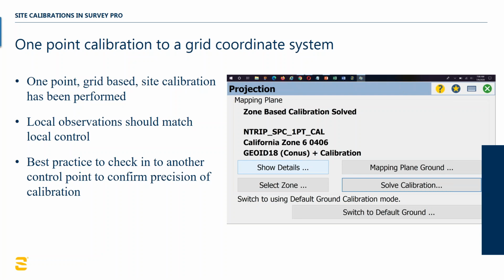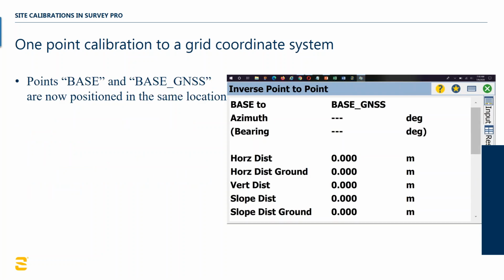It's always a good idea to check other places to make sure that you actually did do the translation correctly. But one point theoretically is sufficient. And you can see here, I've gone into the Survey Pro COGO routine, and I've inversed from that point base to base underscore GNSS, and you can see they are exactly on top of each other.